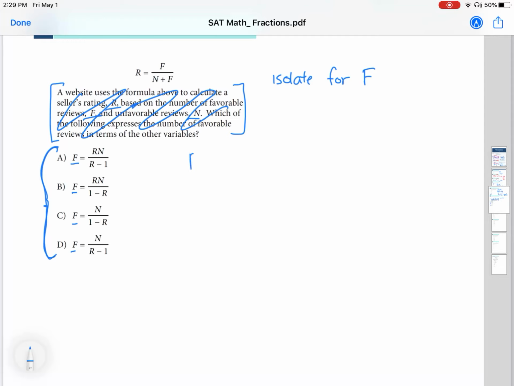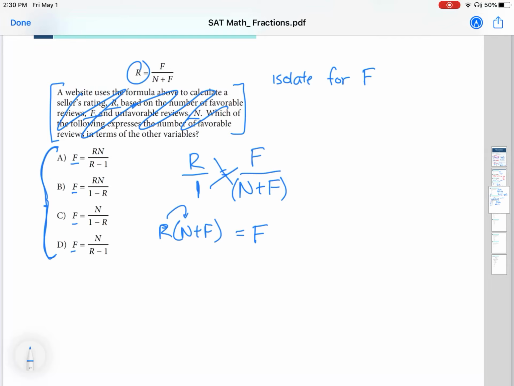So I'm going to rewrite my equation, and again, getting in that habit of putting any kind of whole number R over 1, so I can treat it as a fraction. And again, any kind of addition or subtraction with variables, I'm going to throw in parentheses. When fractions equal each other, we cross multiply. So I'm going to have R times (n + 5) equals F. And then I'm going to distribute.